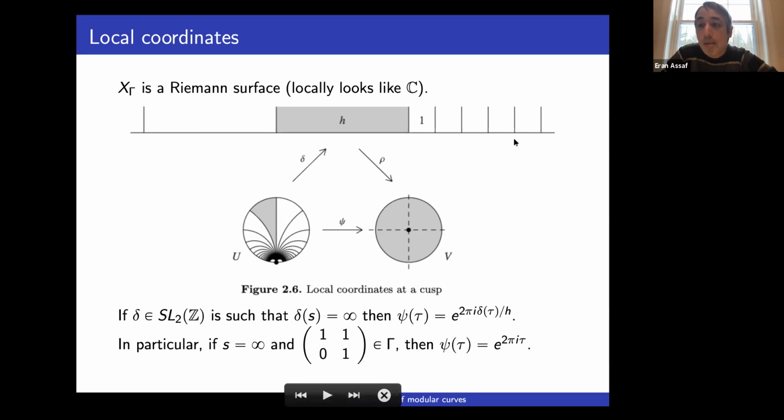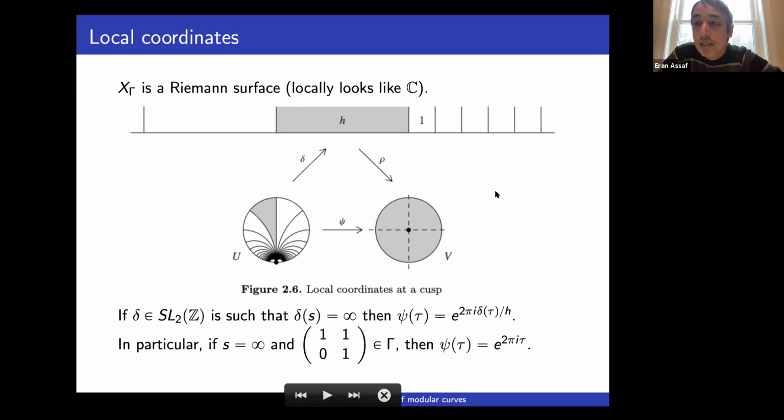And then we use the map e to the 2 pi i to convert these stripes into a circle. So basically we have a local coordinate map, which is of the form e to the 2 pi i tau over h, where h is the width of this stripe.